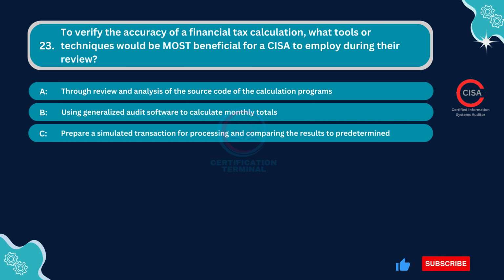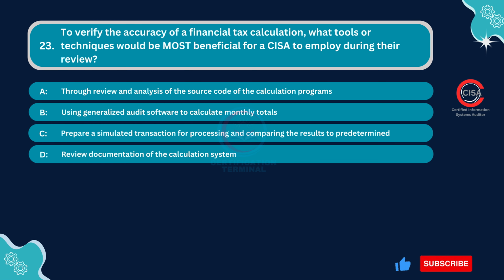Option C, prepare a simulated transaction for processing and comparing the results to predetermined. Option D, review documentation of the calculation system. The correct answer is Option C, prepare a simulated transaction for processing and comparing the results to predetermined.